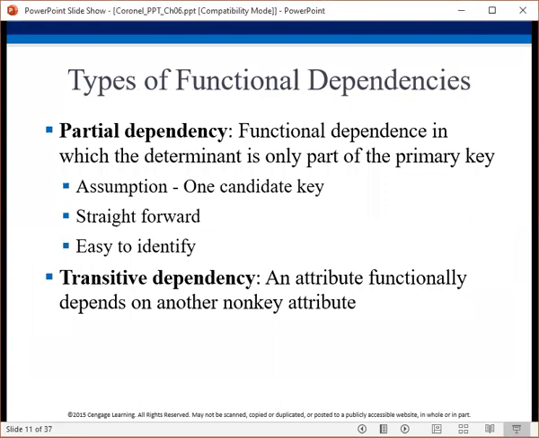So partial dependency violates second normal form: every non-key attribute is dependent on the whole key. Transitive dependency violates third normal form: every non-key attribute is dependent on nothing but the key.